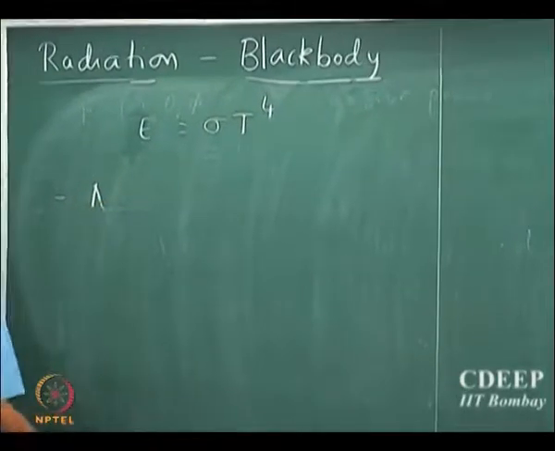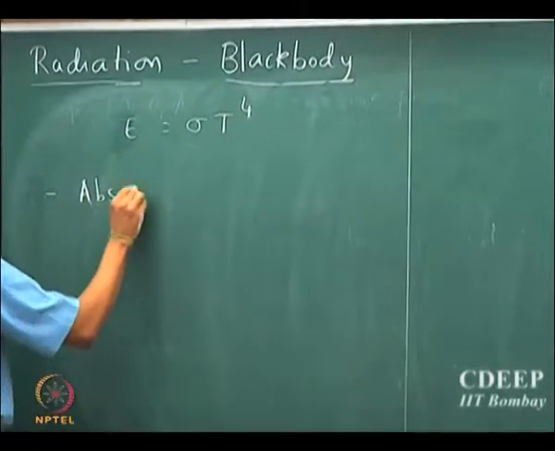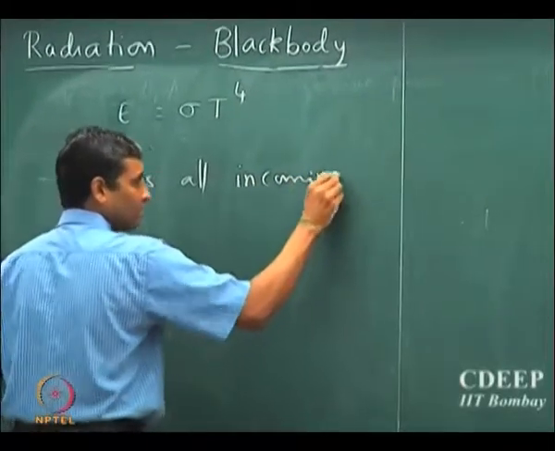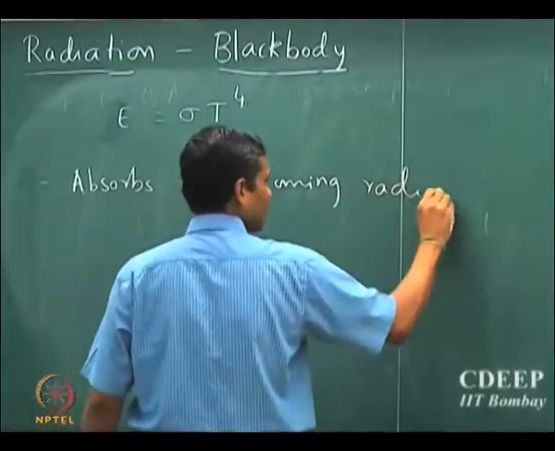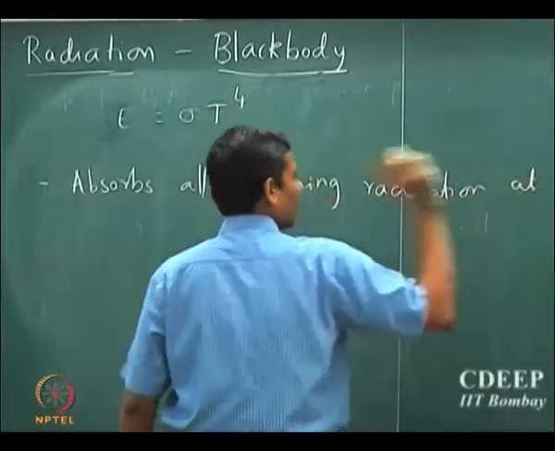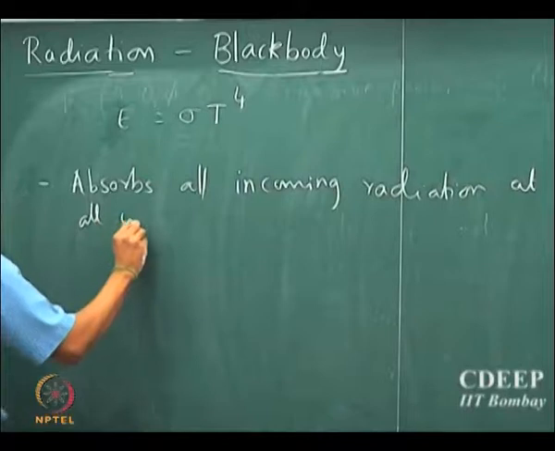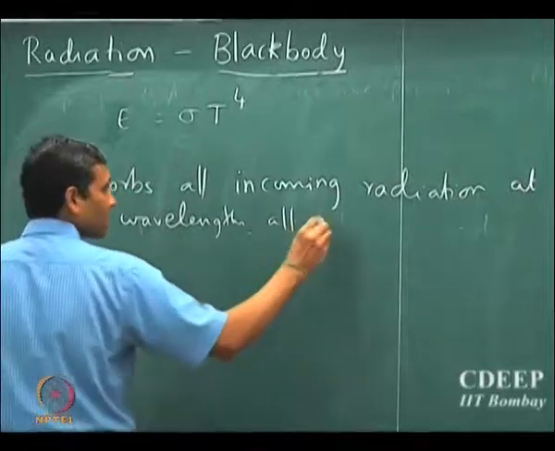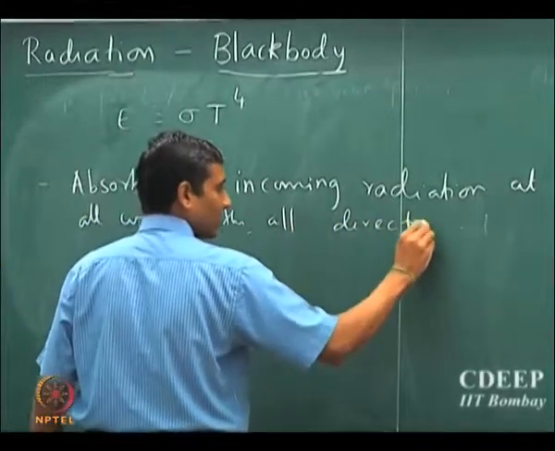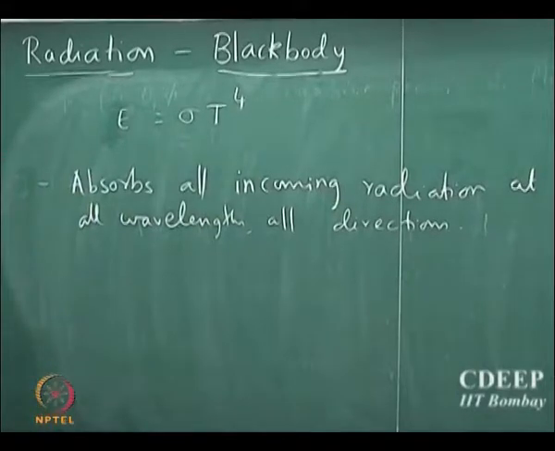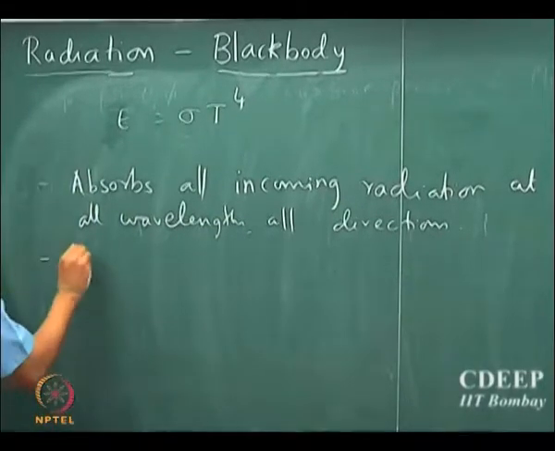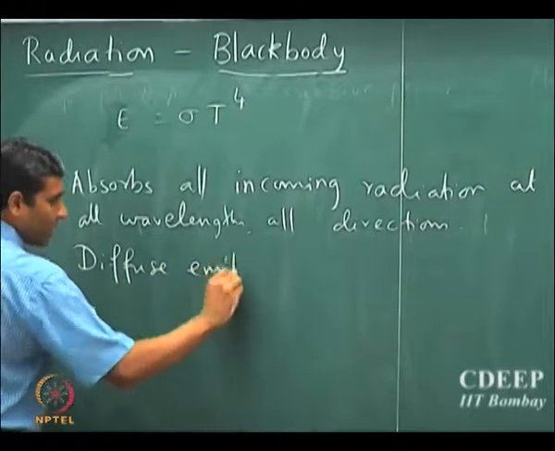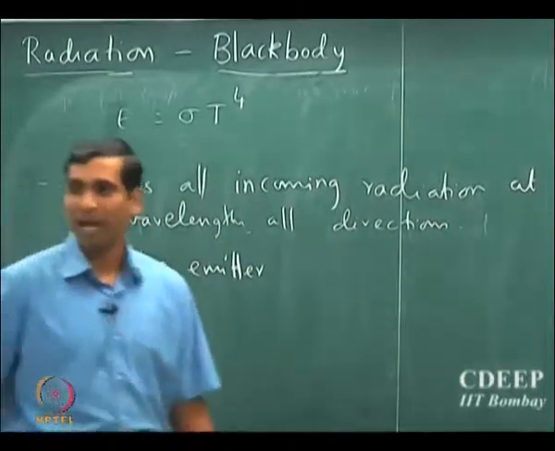It absorbs all incoming radiation at all wavelengths and all angles, all directions. That's the first property. The second property is that it's a diffuse emitter.